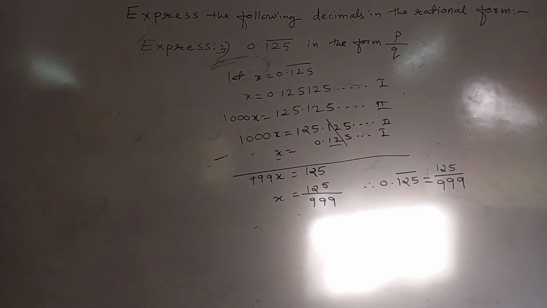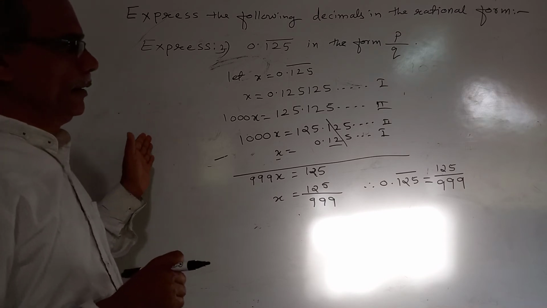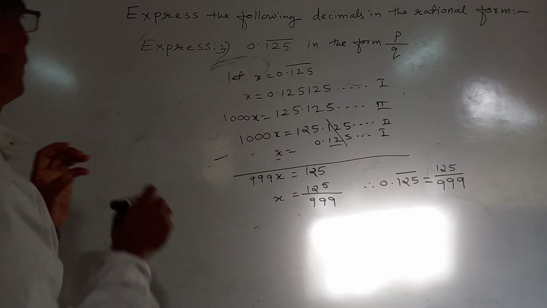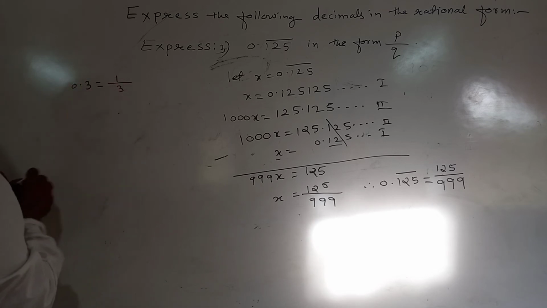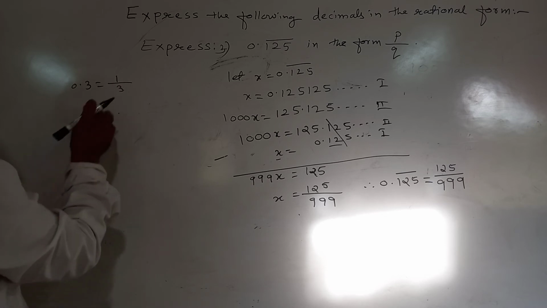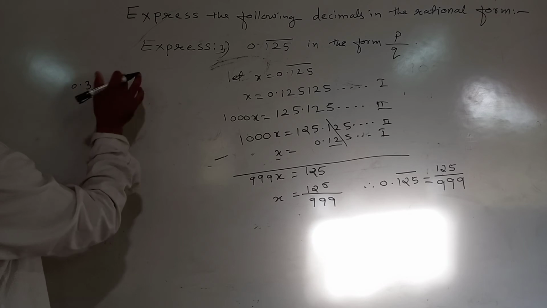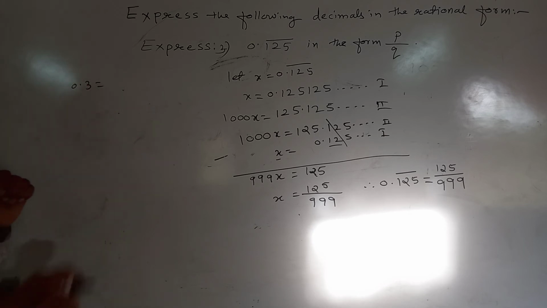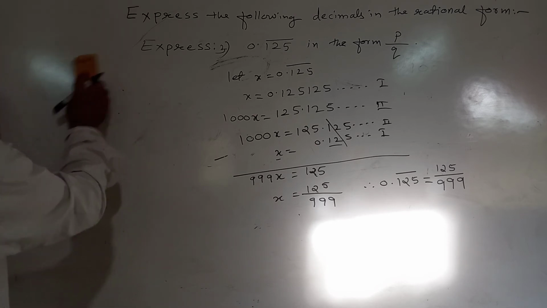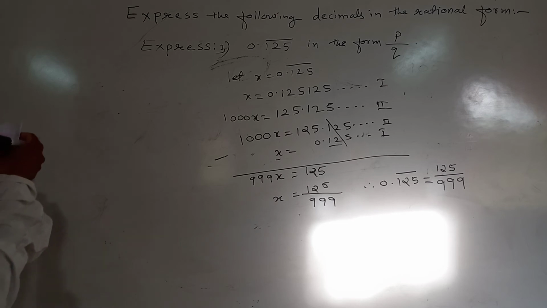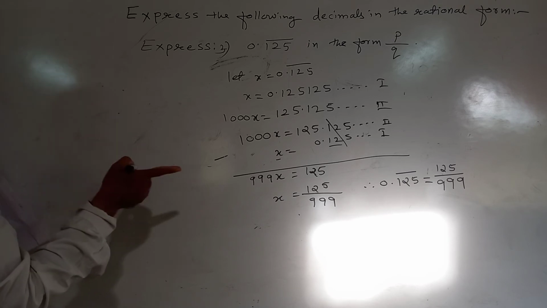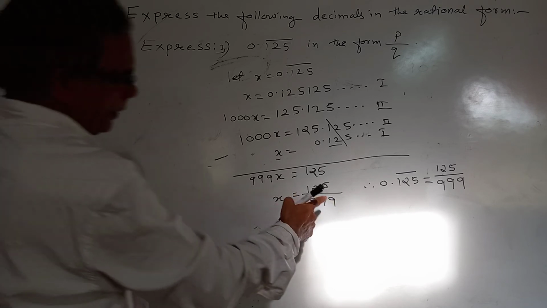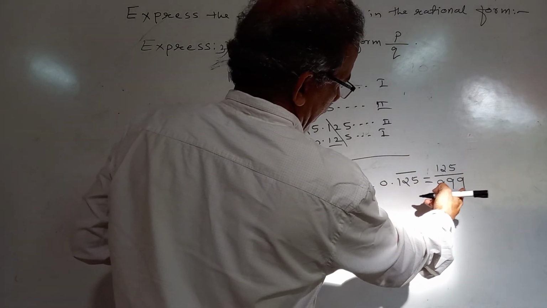Okay. So now from all these examples, just now see first 0.3 recurring, it was 1/3. Now I want to give you the second example. Suppose here 3 digits recurring, upon 999.